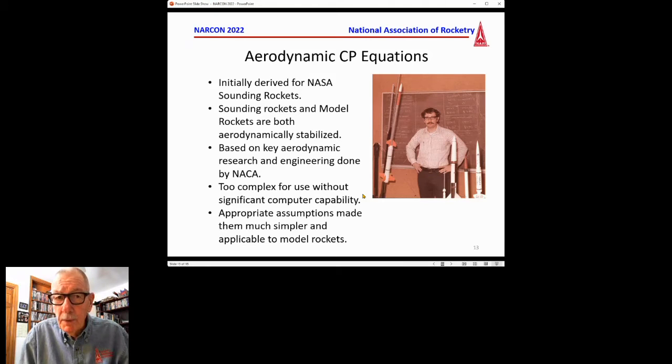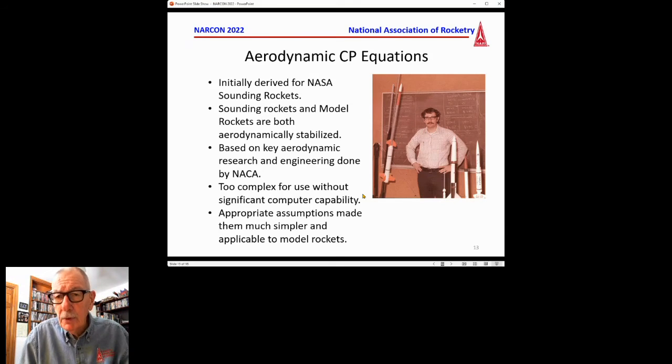The work is based on a lot of engineering and research that was done by NACA, the predecessor to NASA. They were primarily concerned with aircraft, but in many cases also rockets. So there was a lot of work done before NASA ever came to be that I was able to utilize.